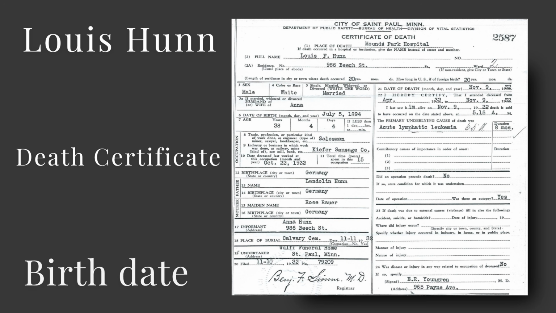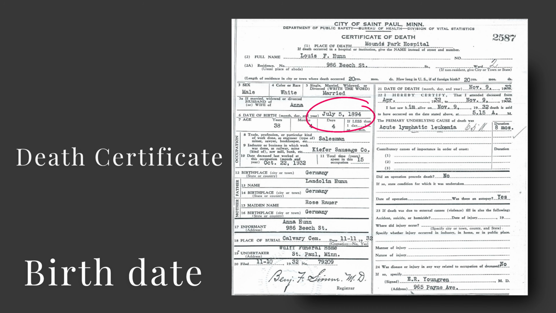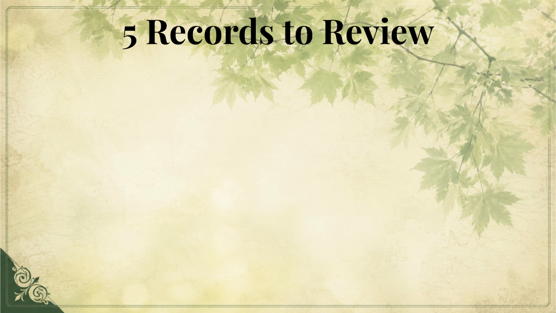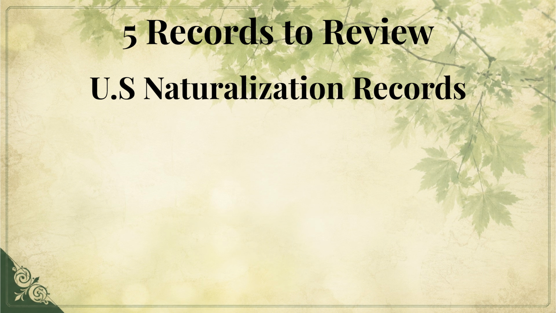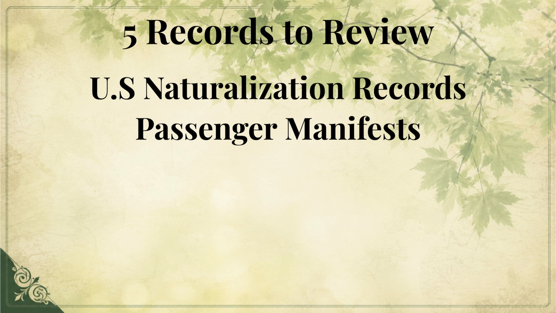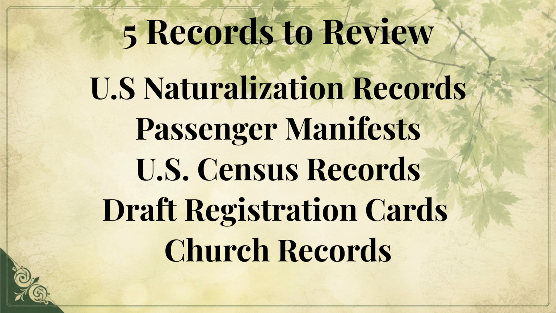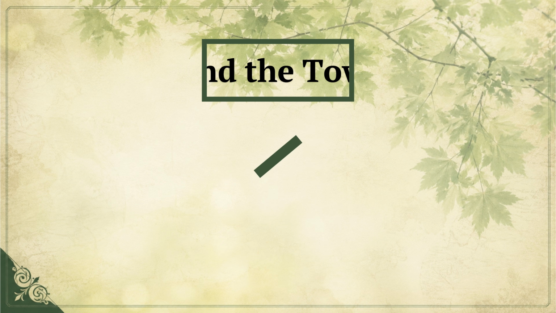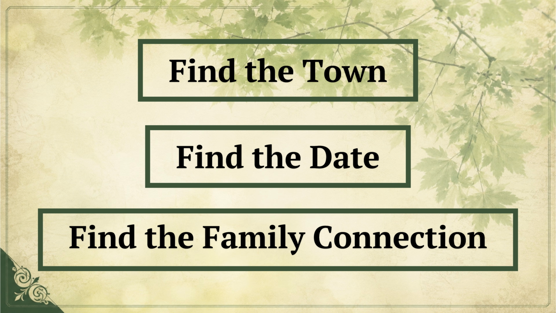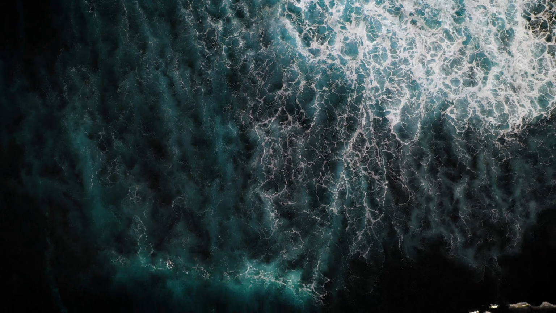You are not looking for 5 records that all say exactly the same thing. You are building a case. So before you search Europe, check American naturalization records, passenger manifests, census records, draft registration cards, and church records. Find the town. Find the date. Find the family connection. Then cross the Atlantic.